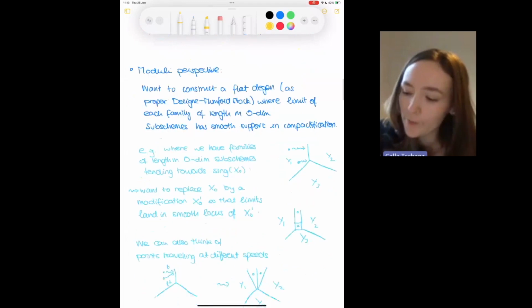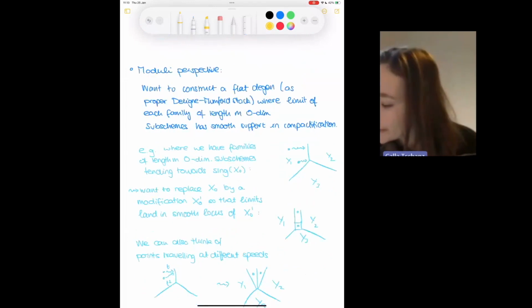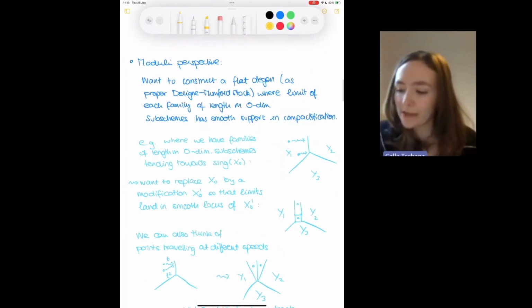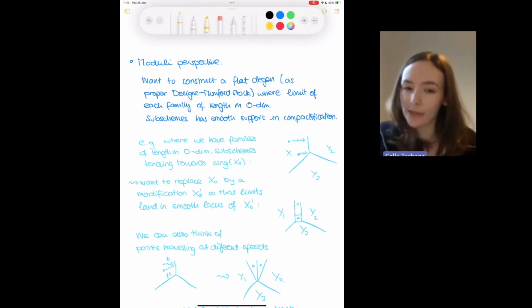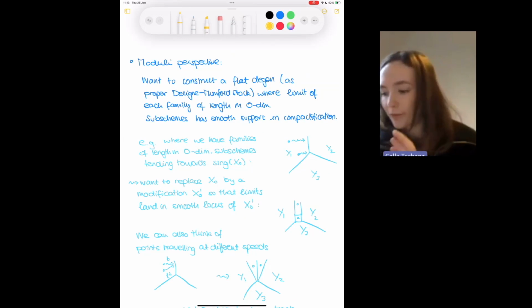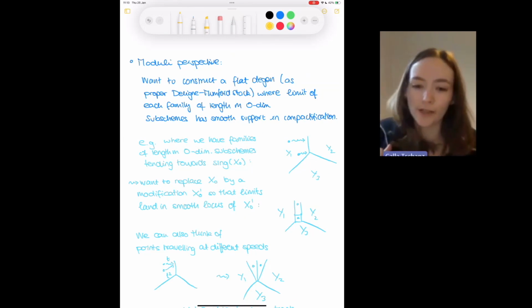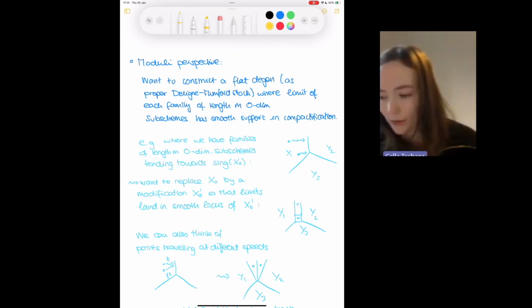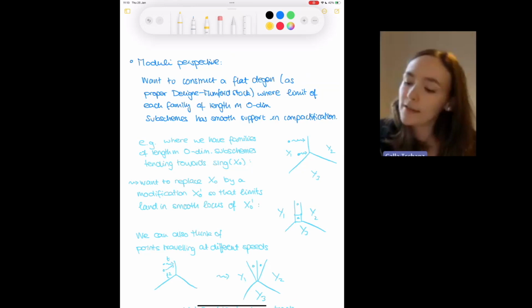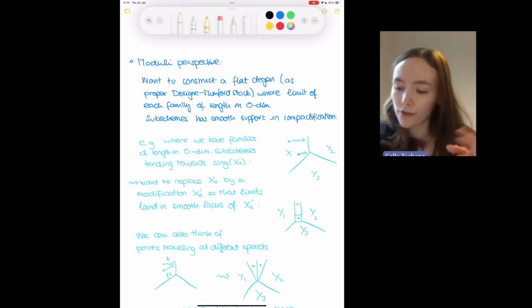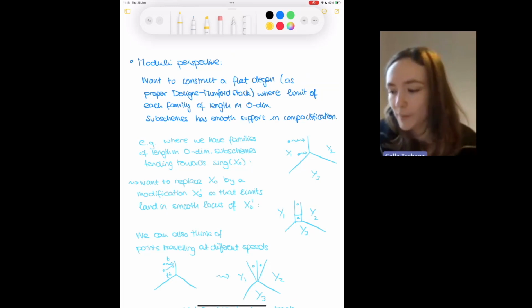And then the second perspective, which I'm calling the moduli perspective, is what I'll focus on today because it's a little more involved, and all the results that we produce for this question also apply to the hyperkähler question. By a good compactification, I mean I want to construct some flat degeneration as a proper Deligne-Mumford stack, so a good moduli space.